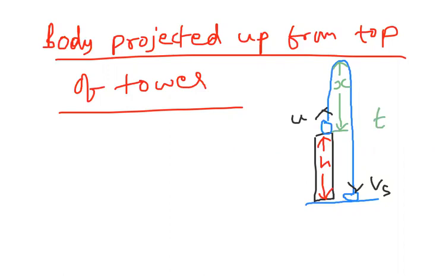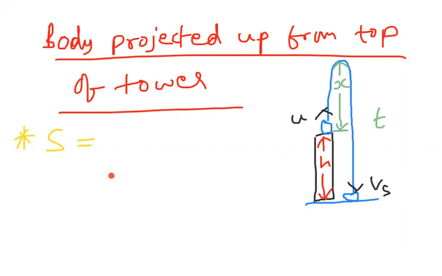Now the main topic here is displacement. What we have to take is the main thing to be noted for a body projected up from a tower. Displacement is a vector quantity; it has direction.